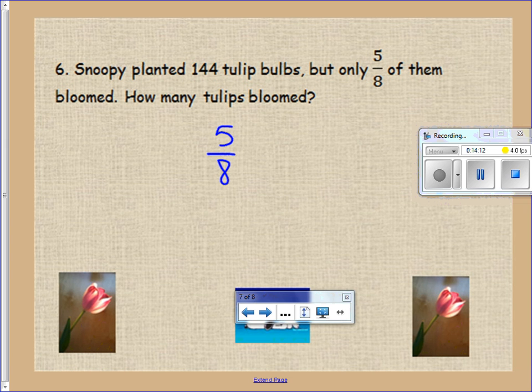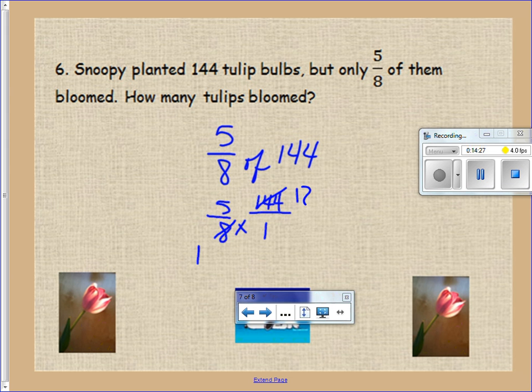So 5/8 of 144 will be 5/8 times 144. Final answer will be 90 tulips.